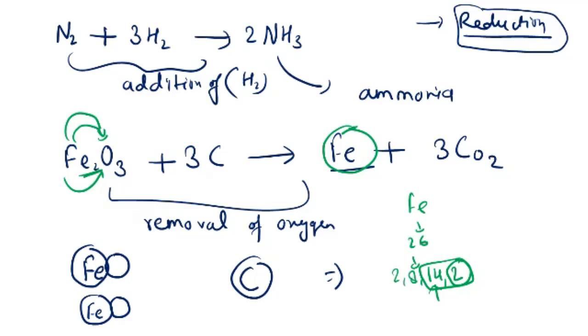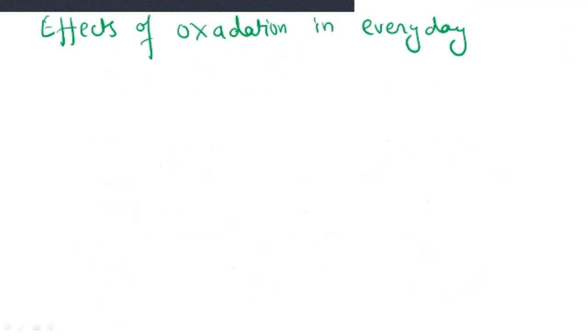So here we complete oxidation and reduction, and we come to the last part of it, and that is effects of oxidation in everyday life. I will write it here. Effects of oxidation in everyday life. If you already had pre-reading, can you give me some examples of effects of oxidation in everyday life?